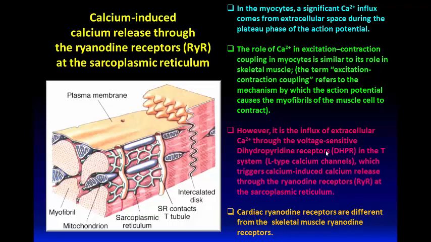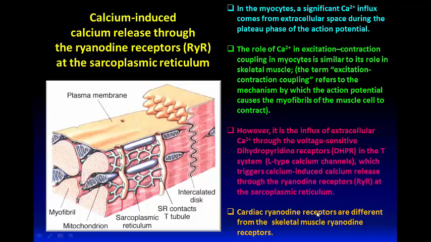In the membranes of the sarcoplasmic reticulum, we have calcium channels, which are also known as ryanodine receptors, because ryanodine, which is a chemical substance, can bind to these receptors.